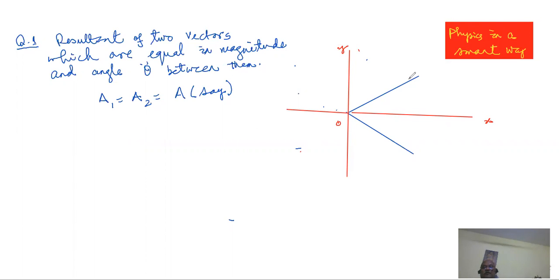We consider one of them as A1. Second is A2. Of course, they have the same magnitude, that is A. But I have placed them in such a way that the x-axis becomes the bisector of the angle between them. You may be wondering why so.